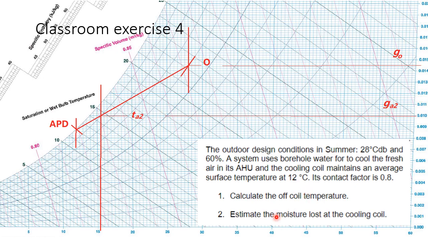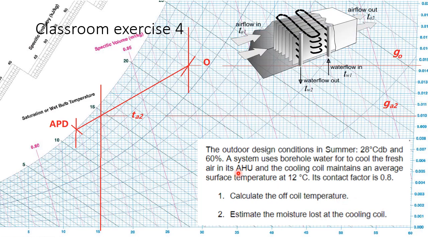So remember, the second question is to estimate the moisture lost at the cooling coil, right? So therefore, how do we do this? We bring back this device, so the air going in here has more moisture, GO, and out the GA2, right?